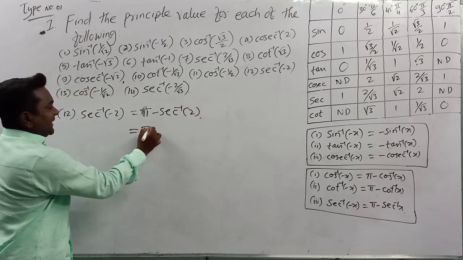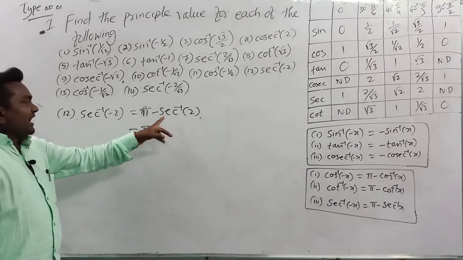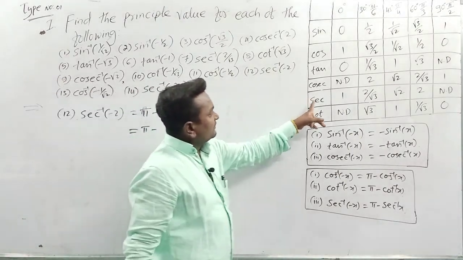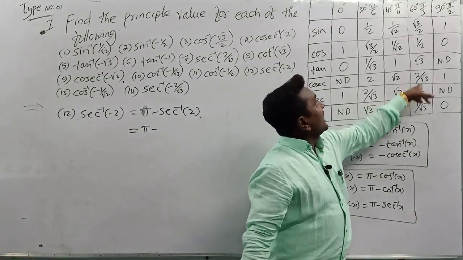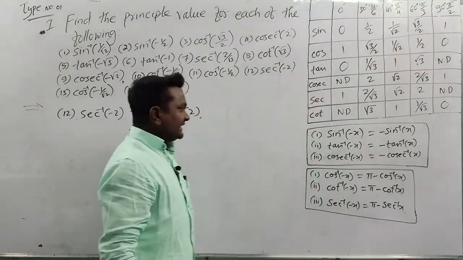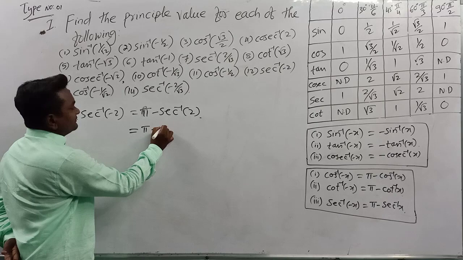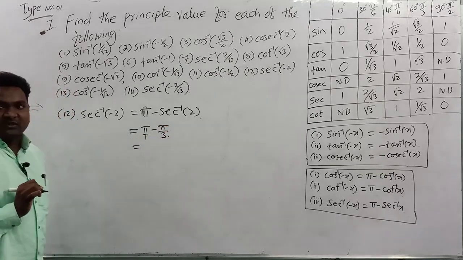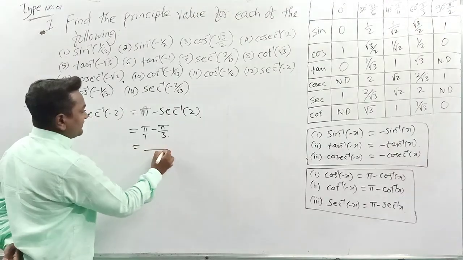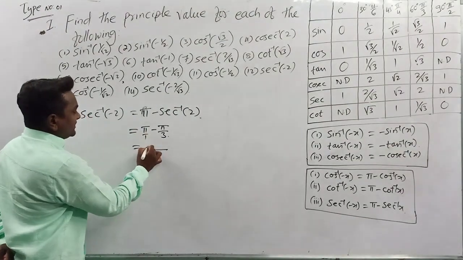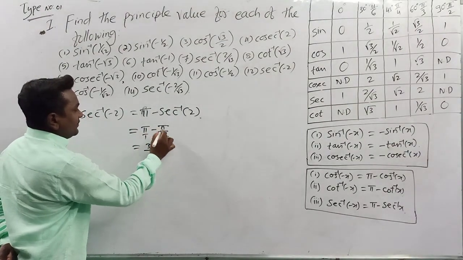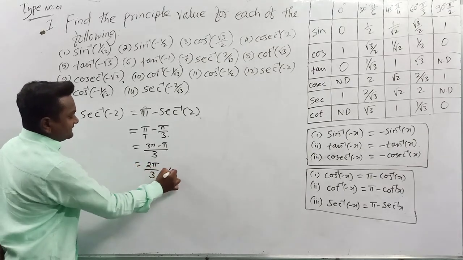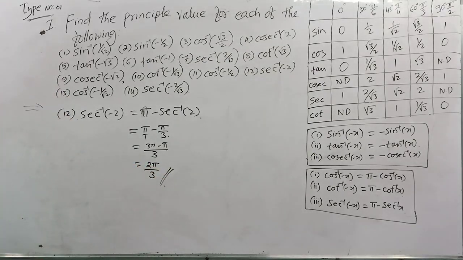Further simplify, pi keep as it is and put the value of sec inverse 2. Sec 2 value is what? Same again, pi by 3. Its denominator nothing means 1 is there. Take down LCM. 3 ones are 3. So 3 pi minus 1 pi means finally we get 2 pi by 3. This is the required result.